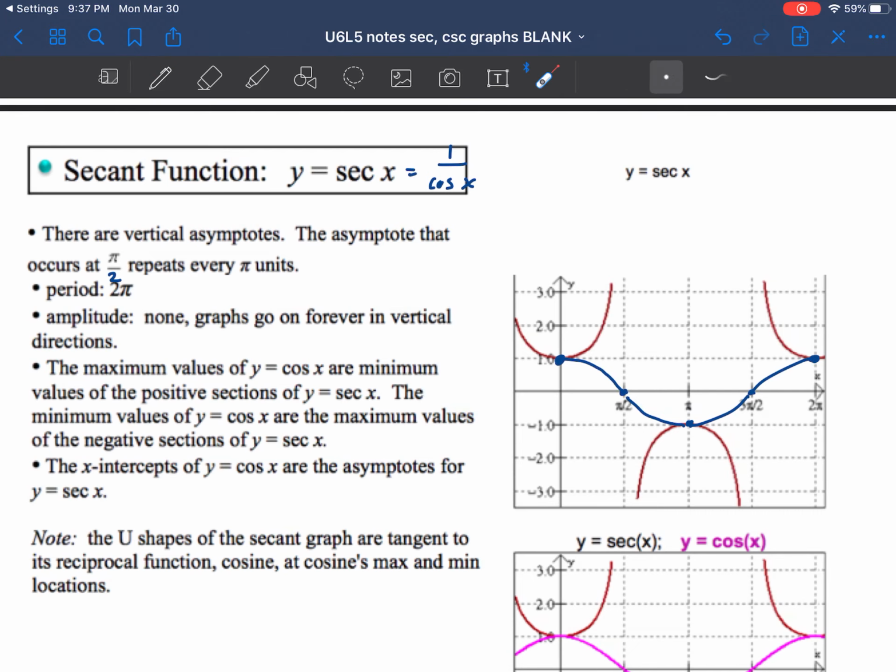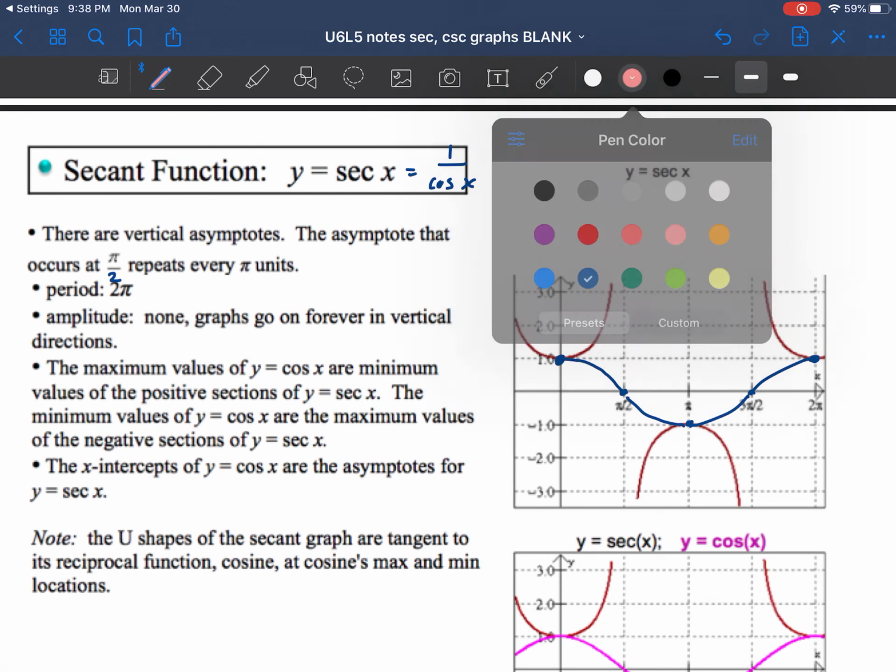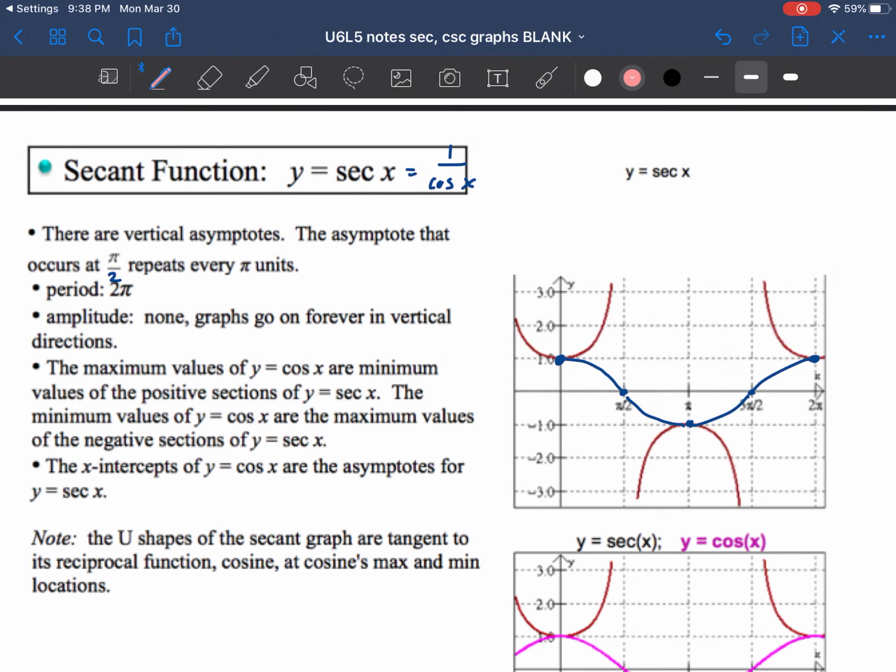So cosine max, secant relative min, cosine max, secant relative min. When cosine has a min, secant has a relative max. And then the other thing, let's go a different color. Let's go pink here. So when cosine of x is equal to 0, right there, the secant graph has vertical asymptotes. That bothers me. Let's go back and make that a little bit straighter.